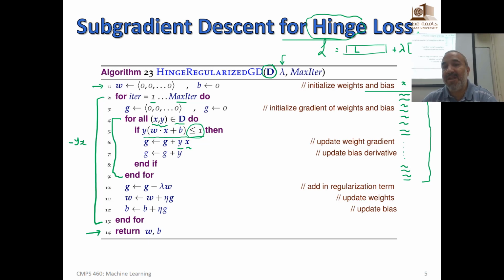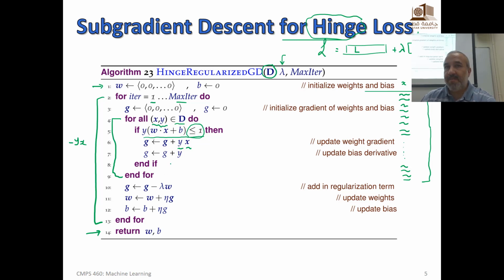Instead of updating with every gradient, we just add the gradient over all examples, and after going through all the examples, we update the weights and the bias once. That's for efficiency reasons in this case, and it's also more stable, because some updates might cancel each other.